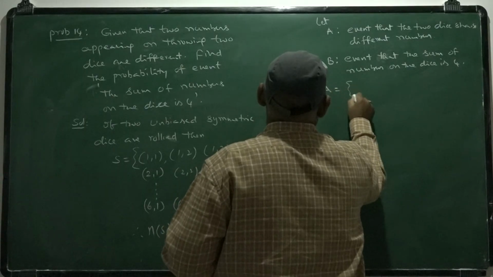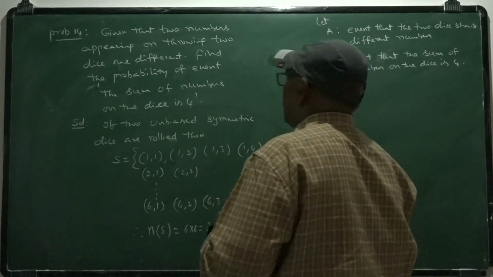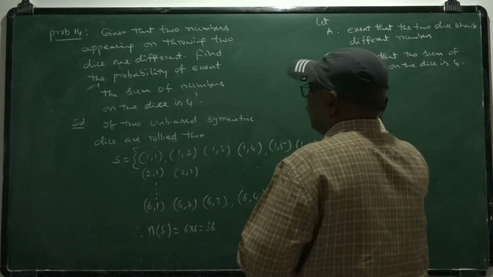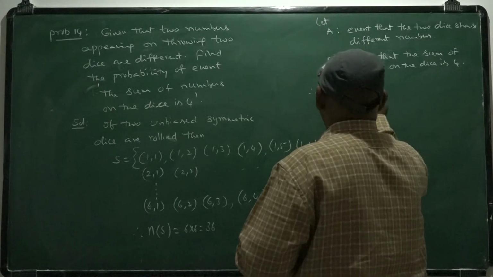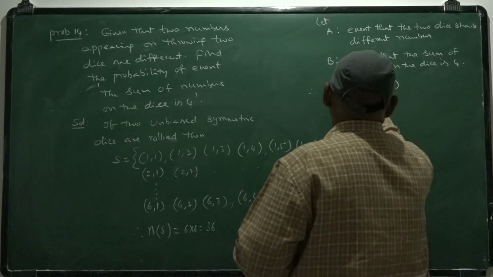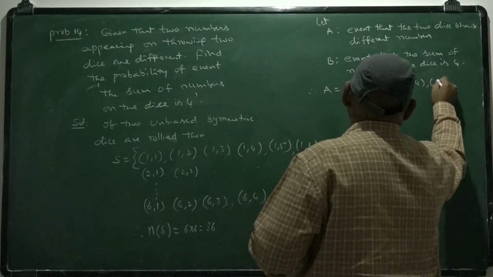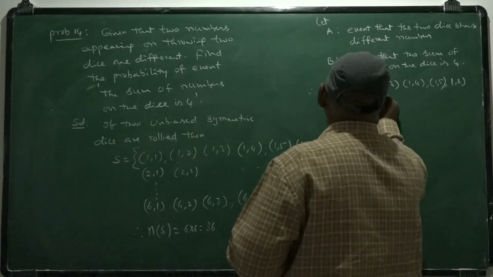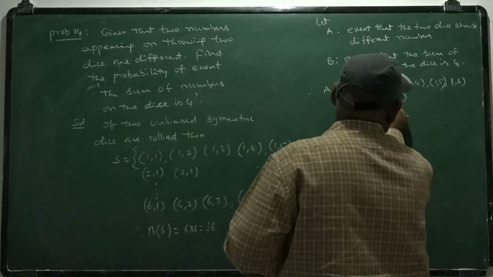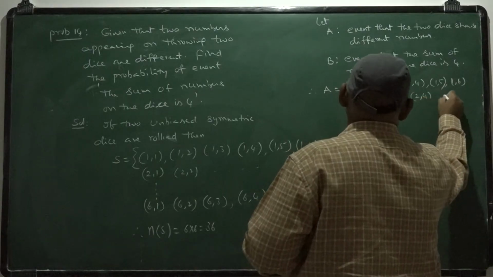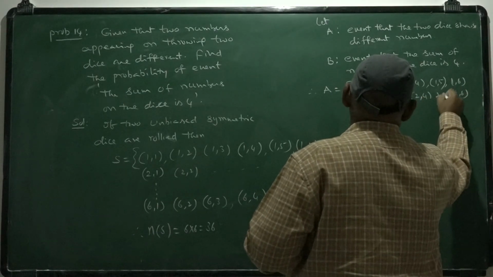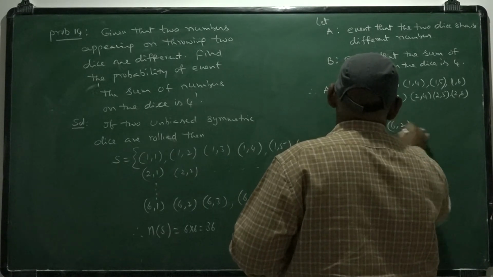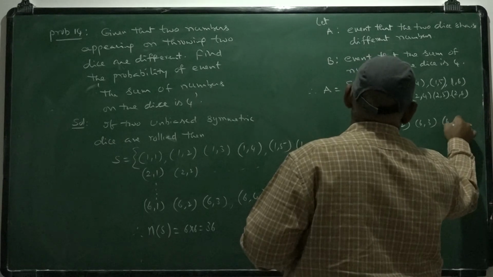Therefore, the favorable possibilities to A are 1 2. These two numbers must be different, so you cannot take 1 1. So I will take 1 2, 1 3, 1 4, 1 5, 1 6, or 2 1, 2 3. I cannot take 2 2 in the second row. 2 4, 2 5, 2 6, like that. 6 1, 6 2, 6 3, 6 4, 6 5.